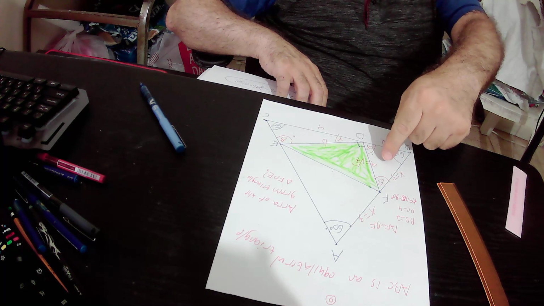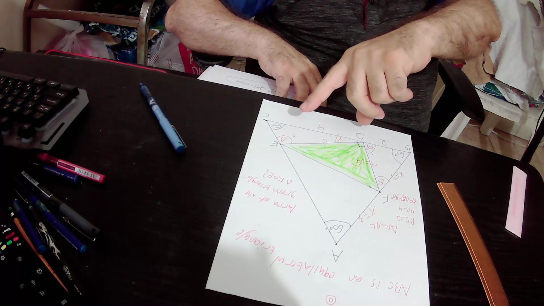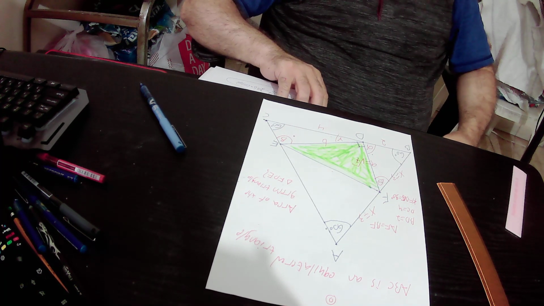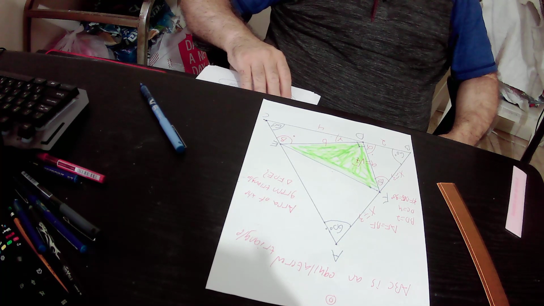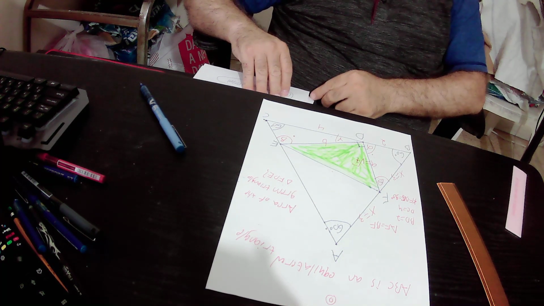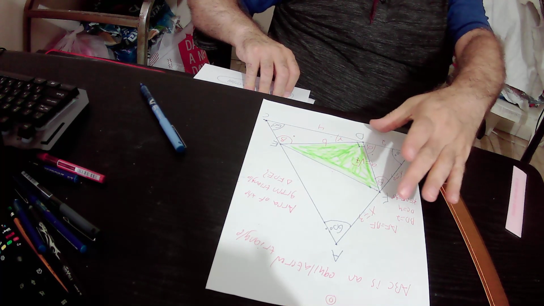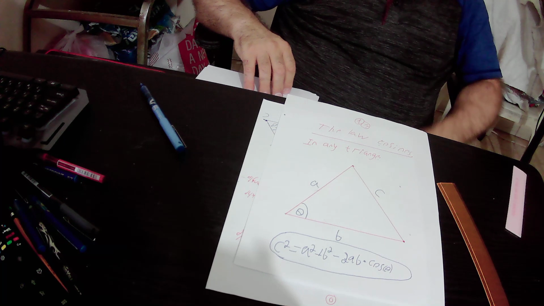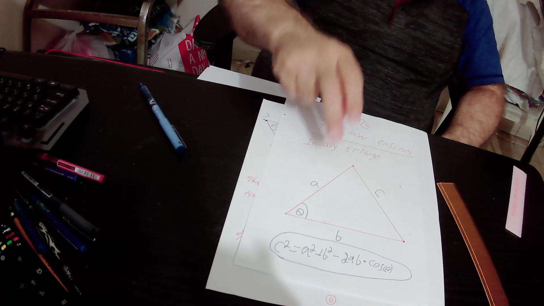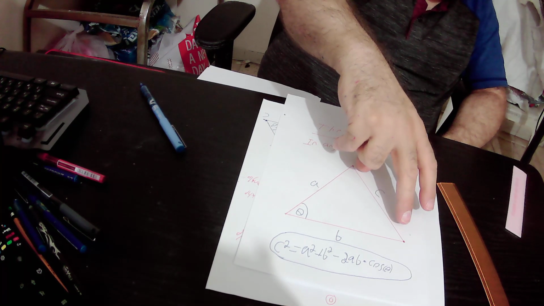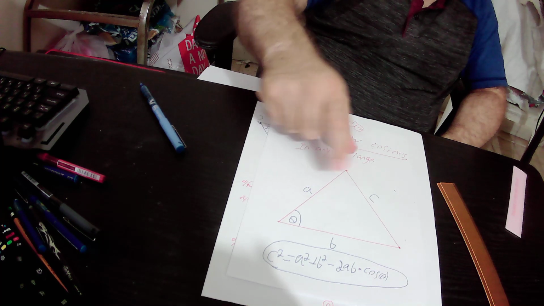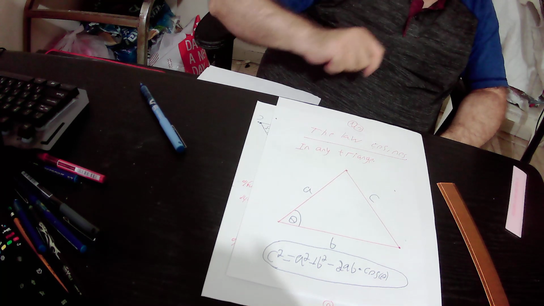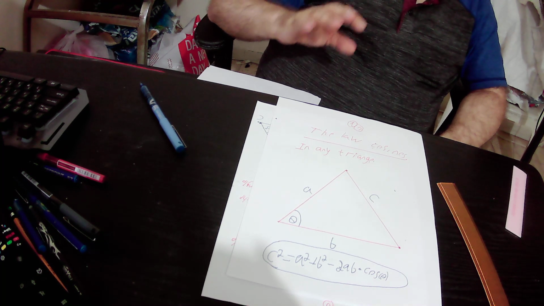FD, we defined it as A, and we defined the other leg of the right triangle FDE as B. And then we used the law of cosines in order to find the value of FD, that is A. According to the law of cosines, in any triangle, if this side is A, this side is B, and this side is C, C squared equals A squared plus B squared minus 2 times A times B times cosine theta. Again, it is true for any triangle.